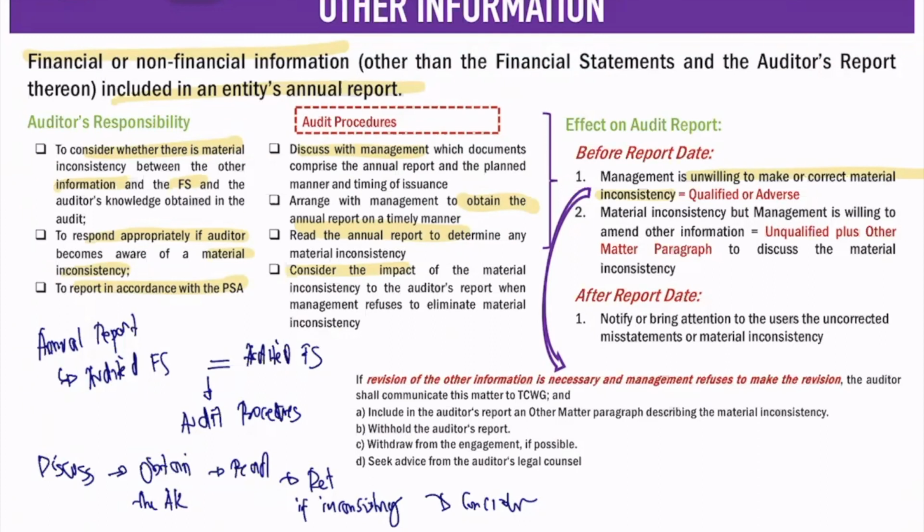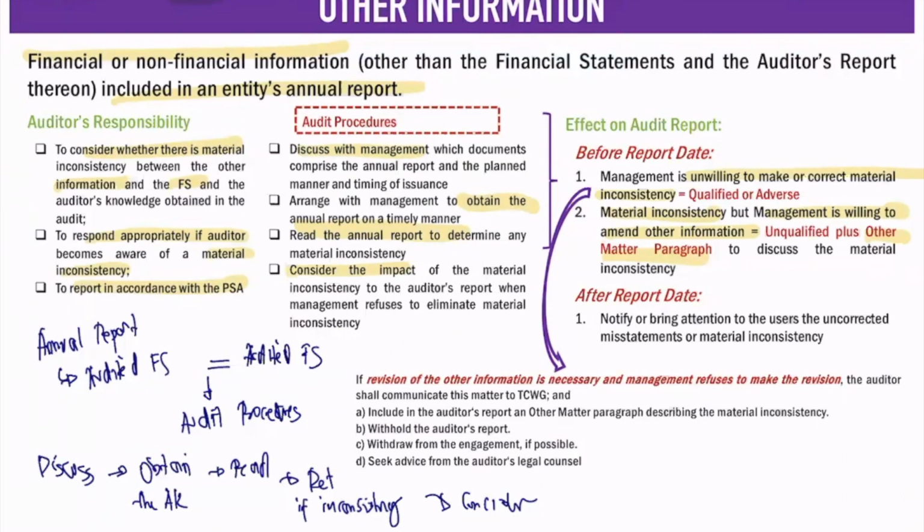But if there is material inconsistency, but management is willing to amend the other information, then we place an other matter paragraph. As we said earlier, under your other matter paragraph, if there is a material inconsistency in other information, we can provide an other matter paragraph. So in this case, there is material inconsistency. However, the management now is willing to amend the other information. Then you just release an other matter paragraph relating to that material inconsistency.